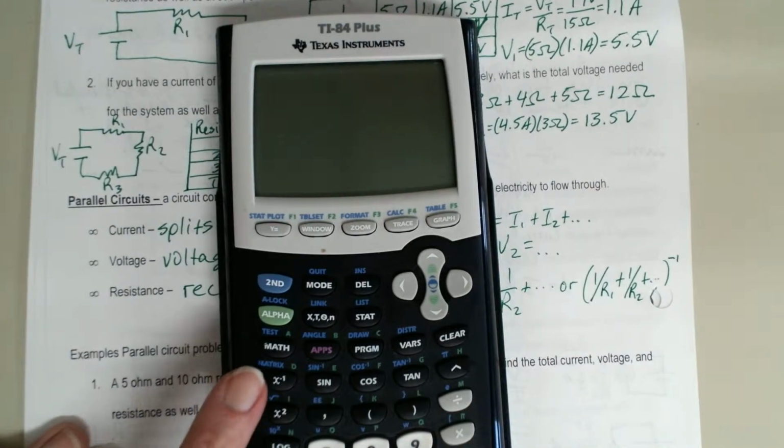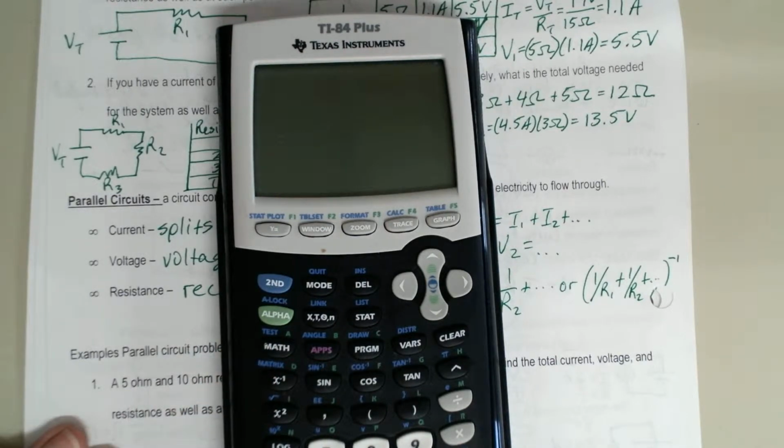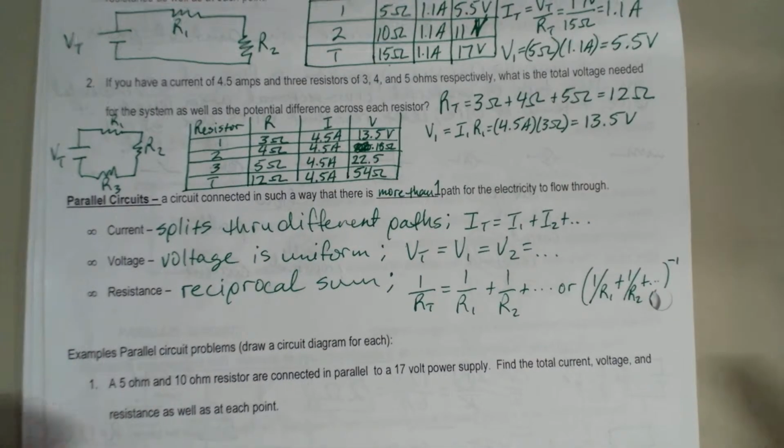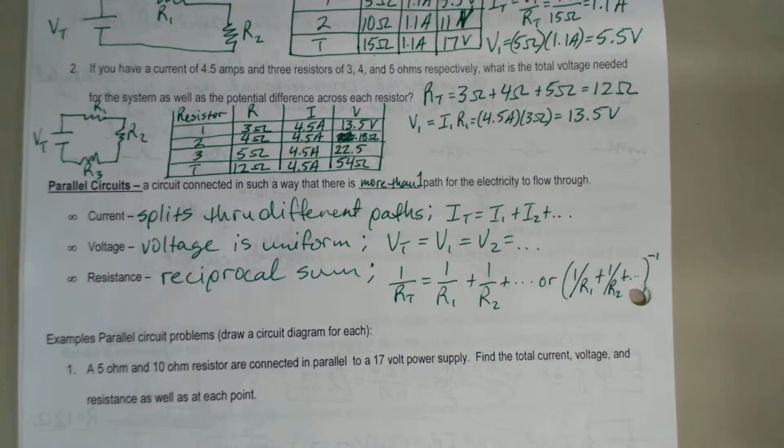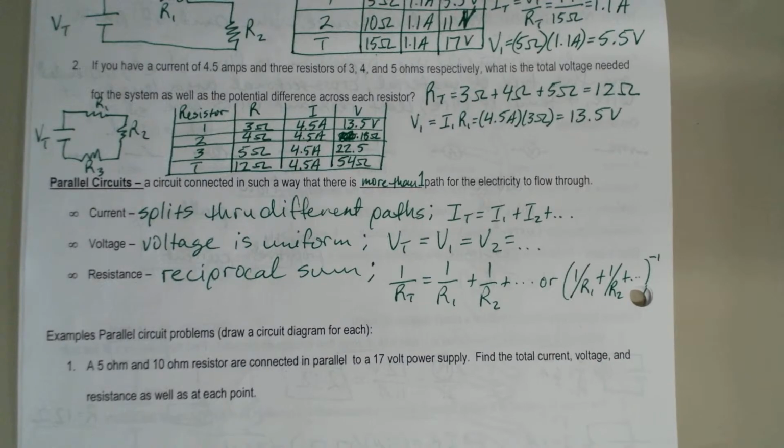In your calculator, that's this button right here, this x to the -1, right between the x squared and the math button. The x to the -1 is the reciprocal button. So you can add up your 1 over R1 plus 1 over R2 plus 1 over R, however many there are, and then hit that x to the -1 button, and that'll give you the reciprocal sum of them, okay?